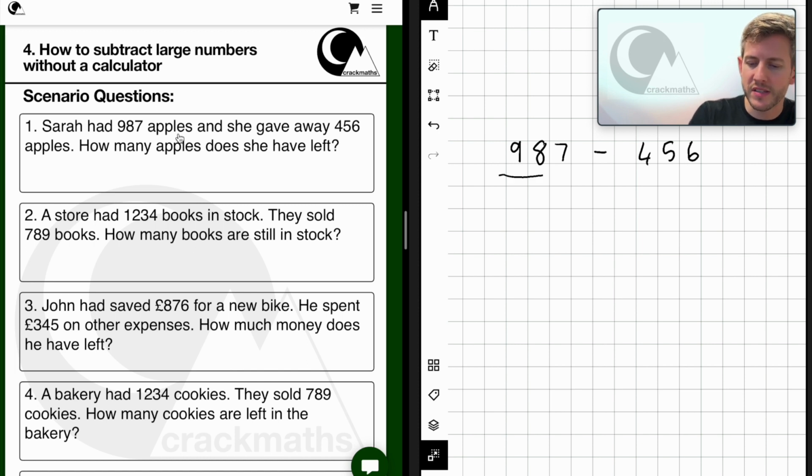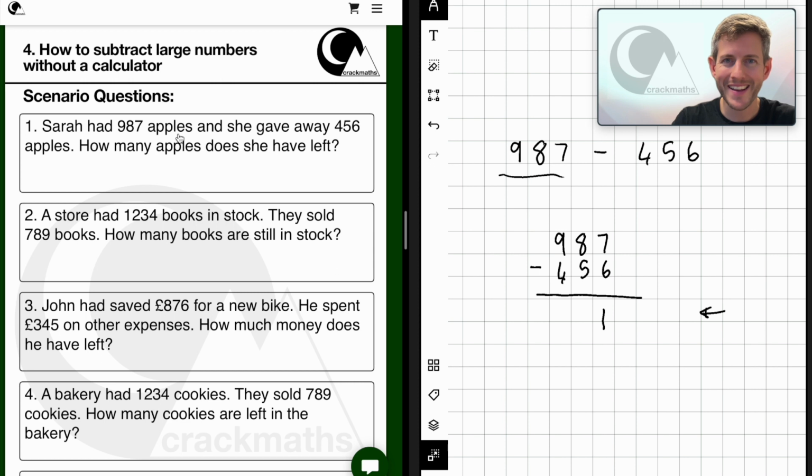Okay, so we can line this up as we were. We put the first number on the top, 987 take away 456. Remember, we've got the units with the units, the tens with the tens, and the hundreds with the hundreds, and we start from this side. So 7 take away 6 is 1. Then 8 take away 5 is 3.